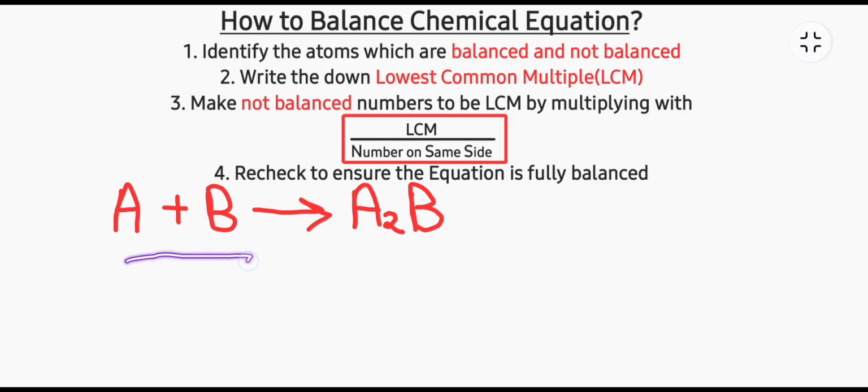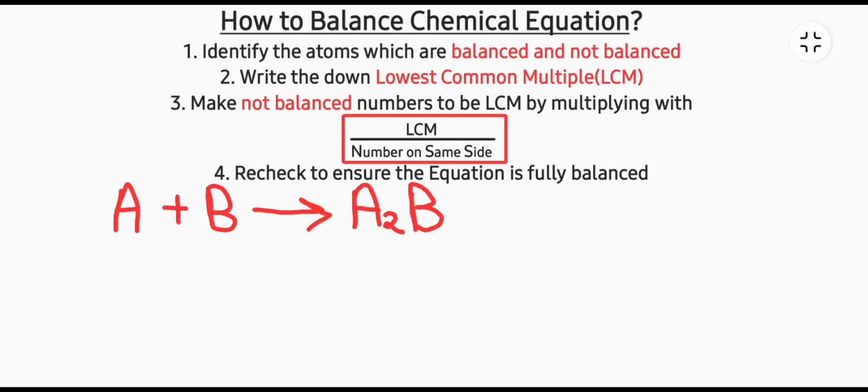A plus B gives A to B. Now I'm required to balance that. So remember what we said. We said you will identify the atoms which are balanced and not balanced.